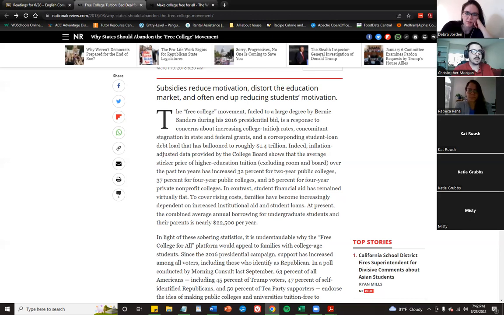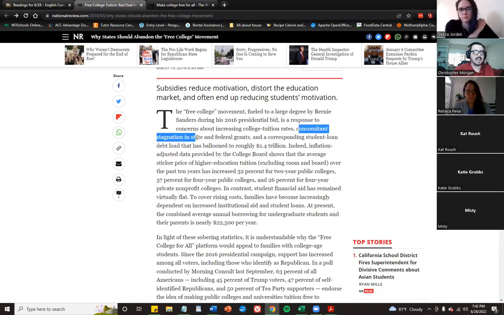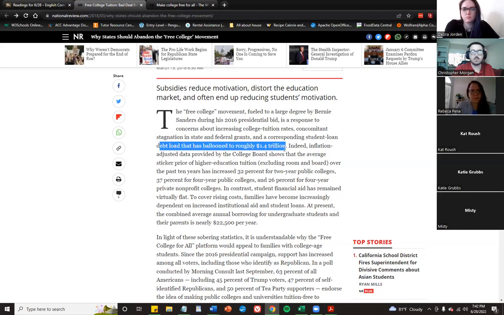There's a couple of these. Rising tuition rates is something that Sanders mentions. Also student loan debt, that's something that Sanders mentions. He doesn't really talk about concomitant stagnation in federal and state grants. That's just a fancy way of saying colleges aren't getting a lot of state grants and federal money; that has sort of flattened out. But the thing that I really zeroed in on is that the student loan debt is $1.4 trillion, right?